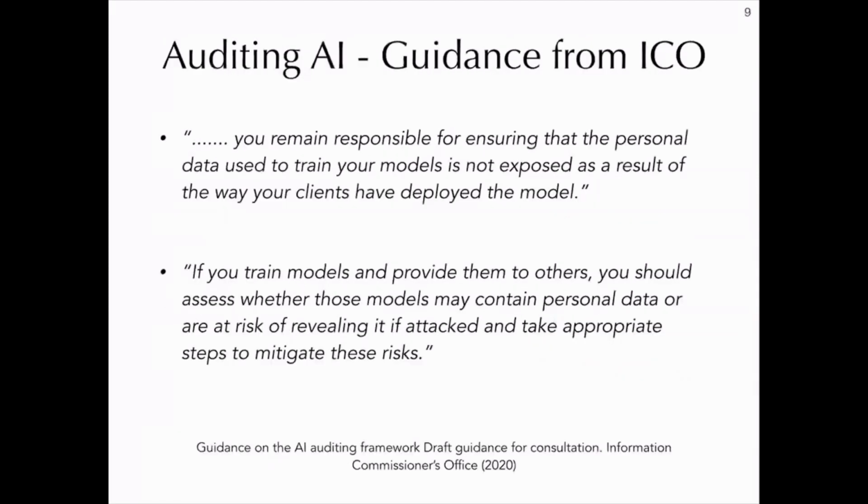As per the auditing framework of ICO, it is mandatory for organizations to ensure that models do not expose personal data when deployed. The internal teams at ICO will be using this framework to assess if an organization is compliant with data protection regulation laws. Hence, organizations should account for and assess the privacy risk to training data from machine learning models.